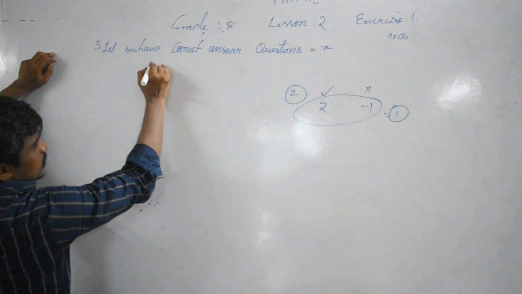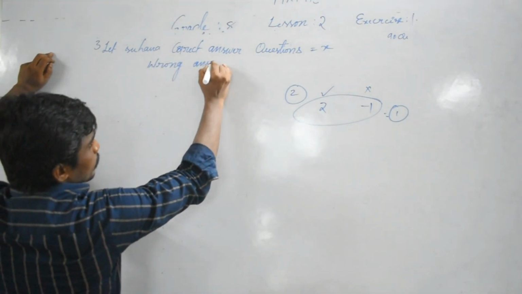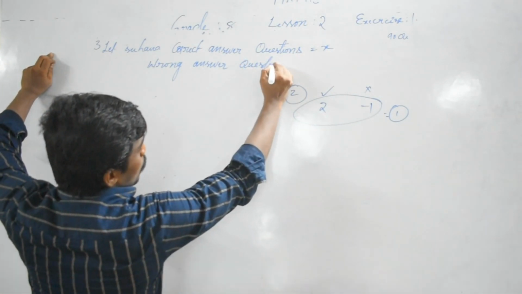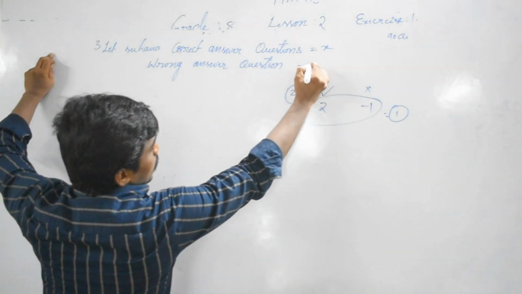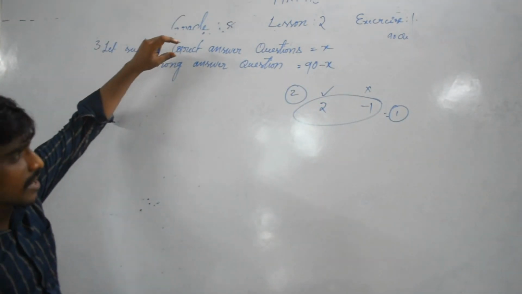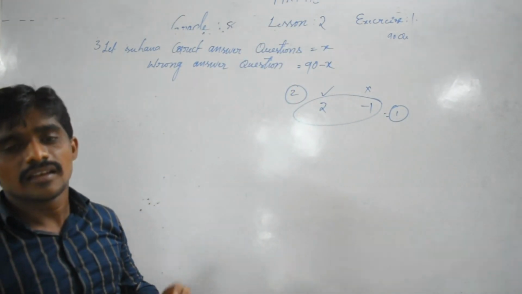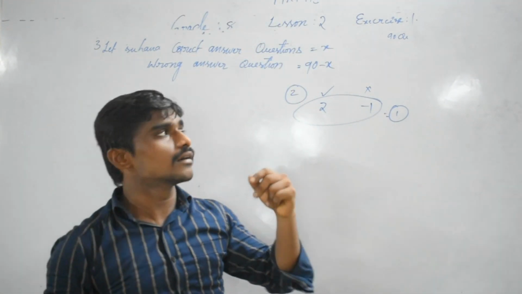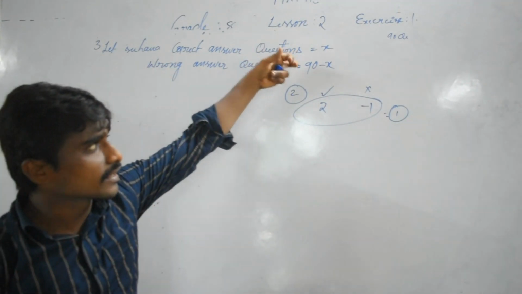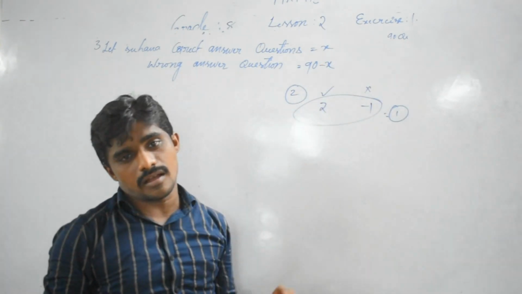Now wrong answer questions are 90 minus x. Clear? Correct answer questions, how many? x. Let means just your thinking. So wrong answer questions, how many? 90 minus the right answer questions, the remaining are wrong answers.